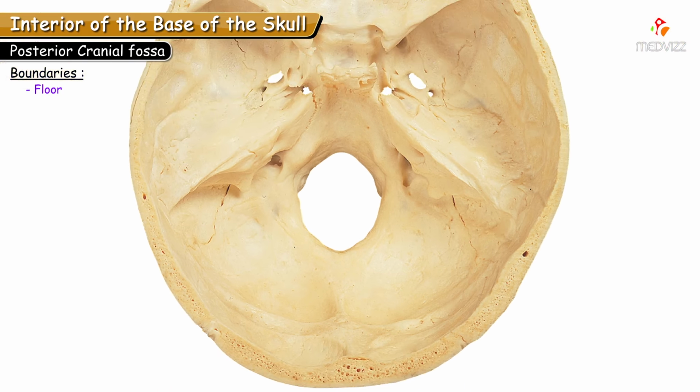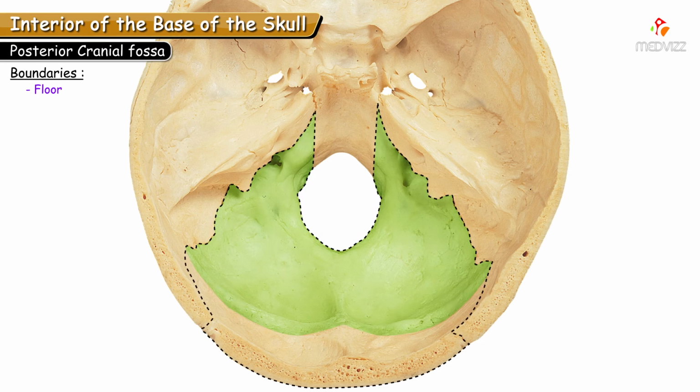And the floor is quite deep and it is formed on each side by the squamous part of the occipital bone, where it is called the cerebellar fossa and lodges each lobe of the cerebellum in each fossa.